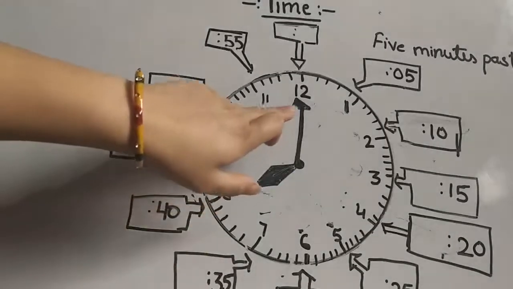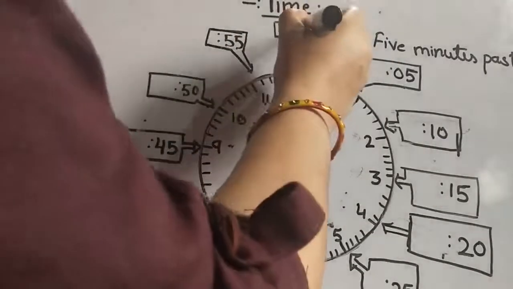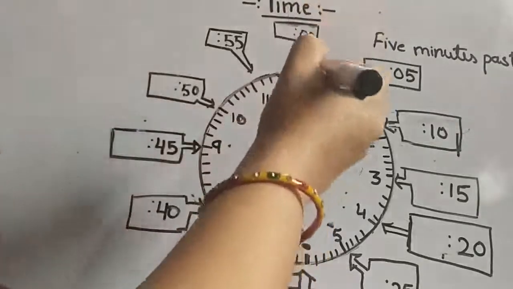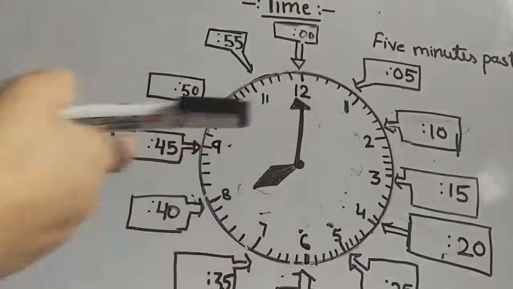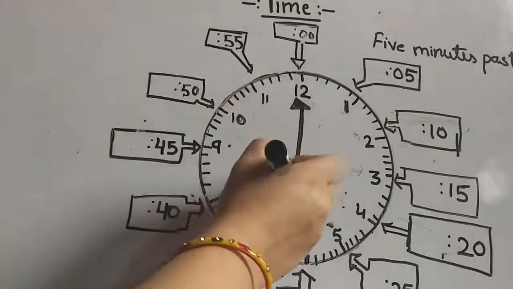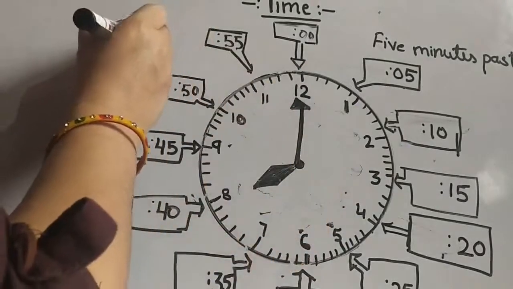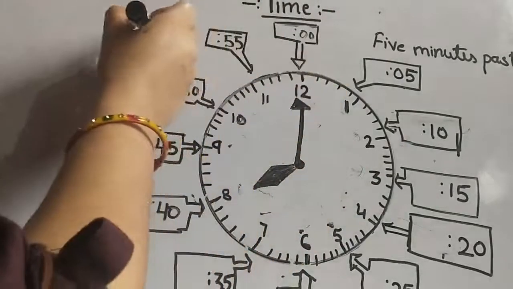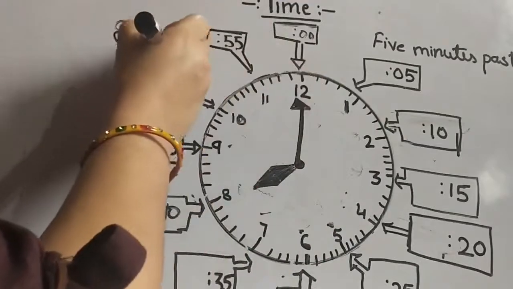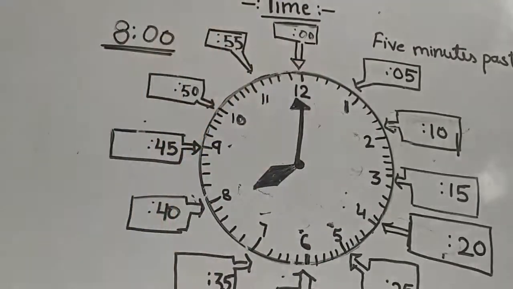When our minute hand is in 12, we can write it as 00, or we say o'clock, like this. Right now our hour hand is in 8 and the minute hand is in 12, so it is called 8 o'clock.